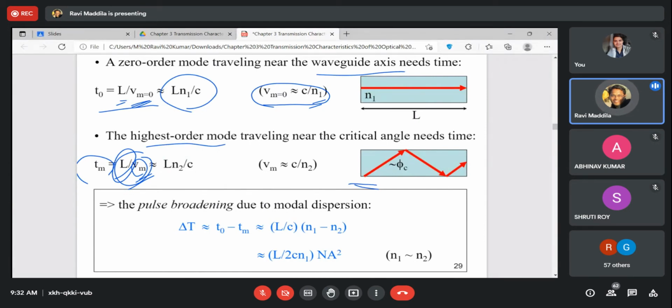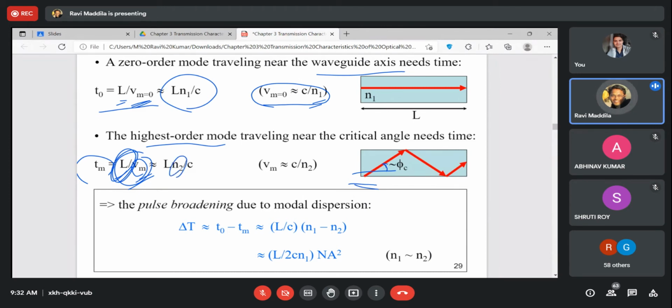In this case, since the optical pulse is going through multiple total internal reflections, the length of this propagation increases, and that would depend on the angle made by the incident beam with the waveguide axis. Fine.